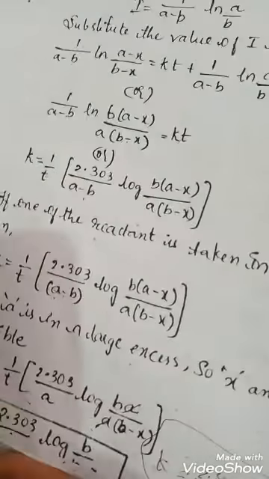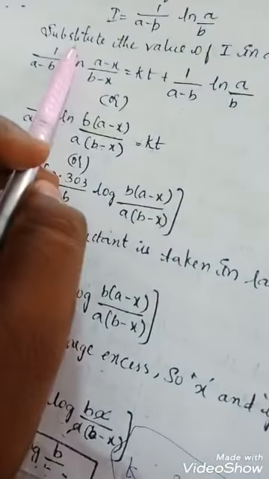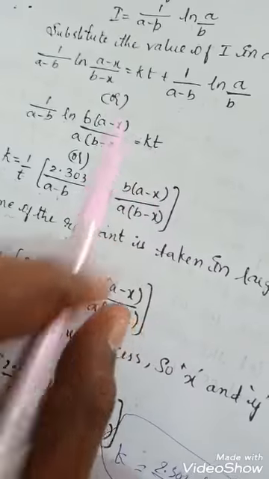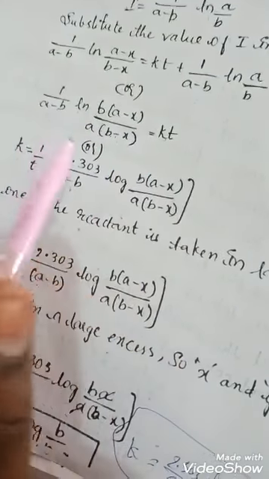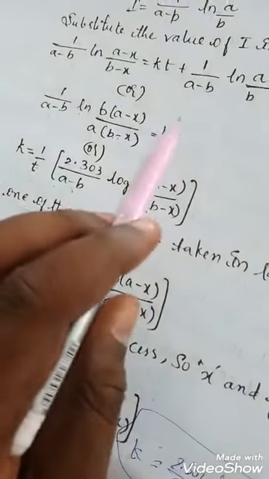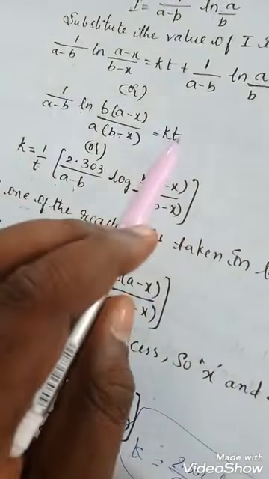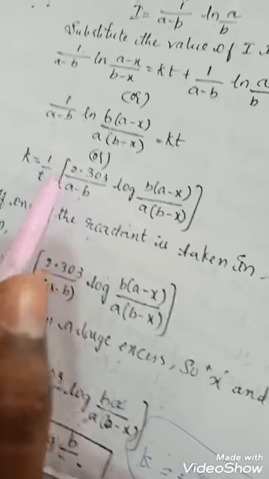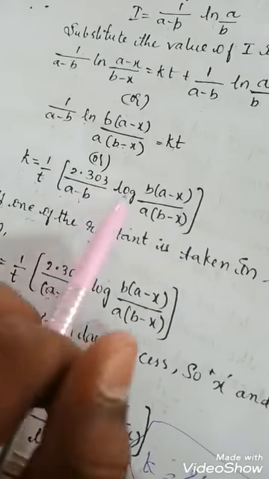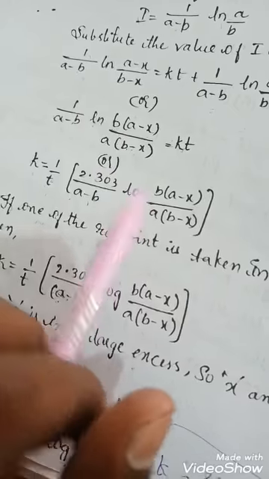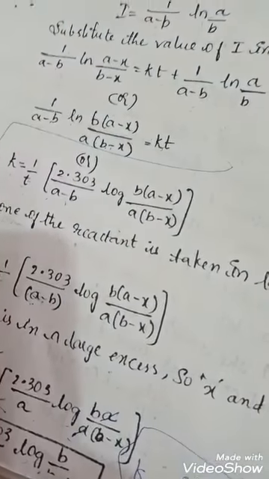This is because log a minus log b equal to log a by b. So k equal to 1 by t into 2.303 by a minus b log b into a minus x by a into b minus x. This is the equation for the second order rate constant.